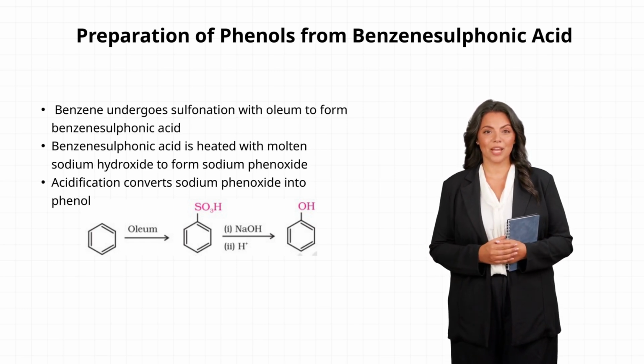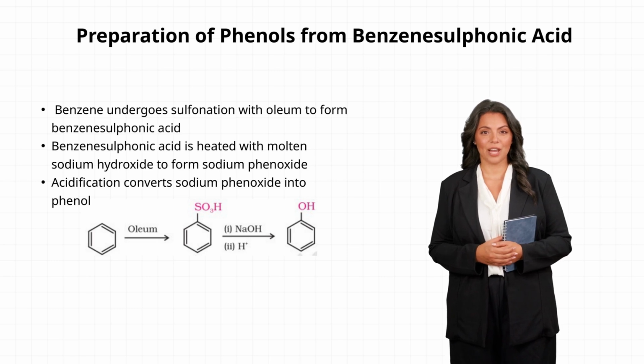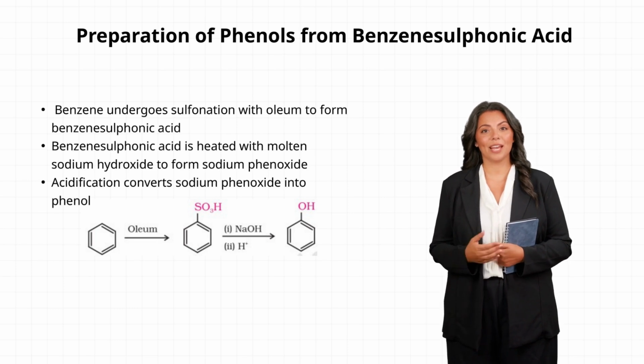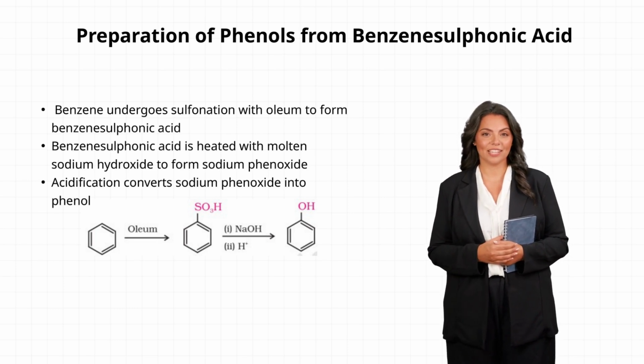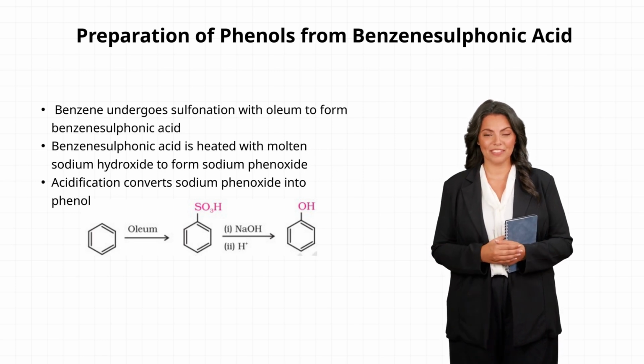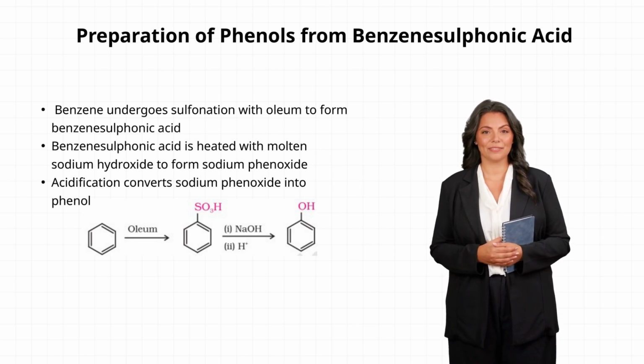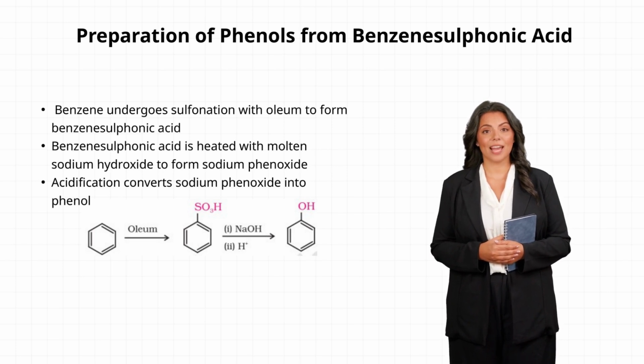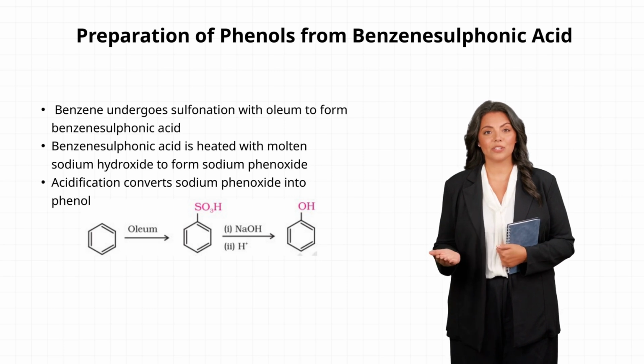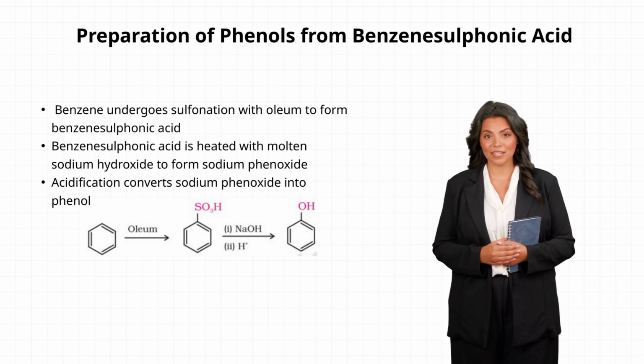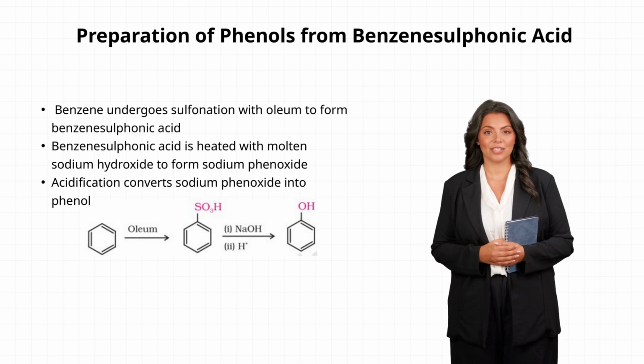The strong base helps replace this sulfonic acid group with an O-Na+ group, creating sodium phenoxide. Finally, acidifying sodium phenoxide with dilute acid like HCl returns the hydroxyl group to the benzene ring, giving us phenol. Thus, we transform benzene through a fascinating sequence involving electrophilic aromatic substitution, followed by nucleophilic substitution and acidification.